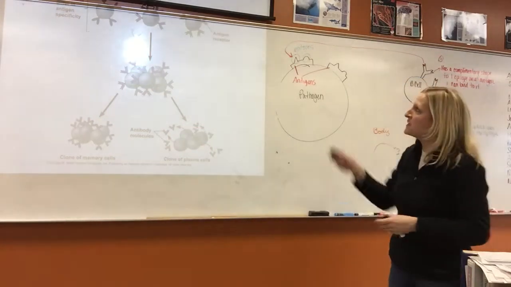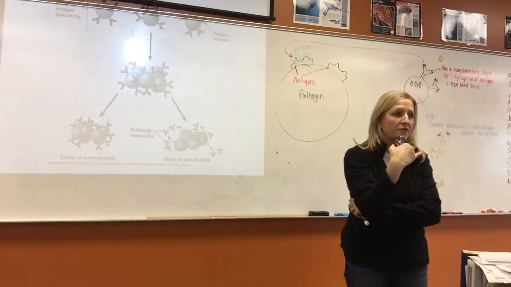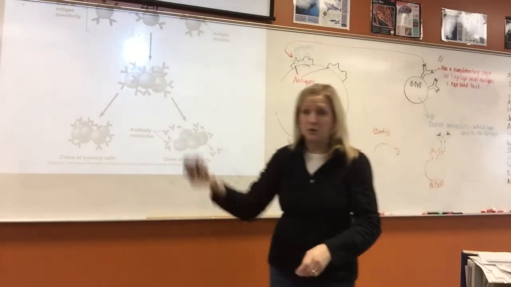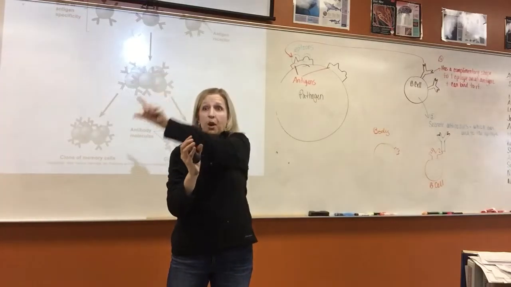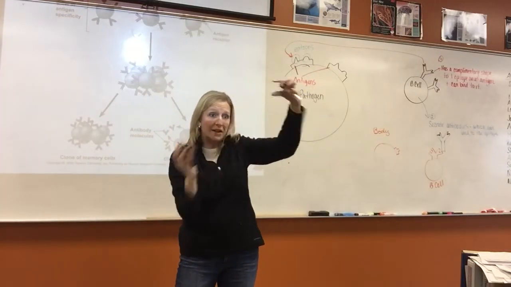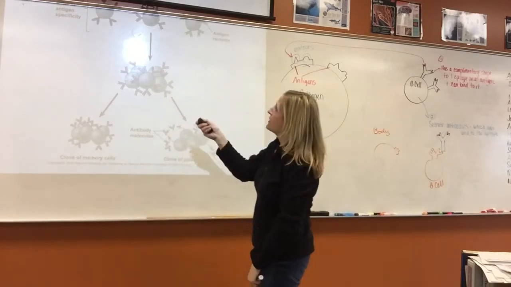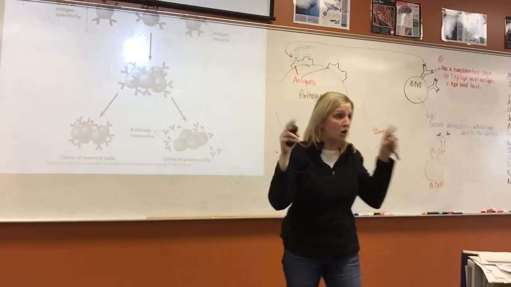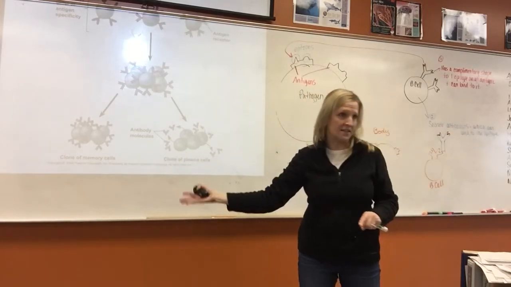And so when you first get infected, here's your antigen molecule, this foreign molecule. Your body has to figure out which one of these B cells is going to work against that antigen, because you have thousands of different kinds. This is the selection part of clonal selection. We have to select which B cell is going to work against this antigen.